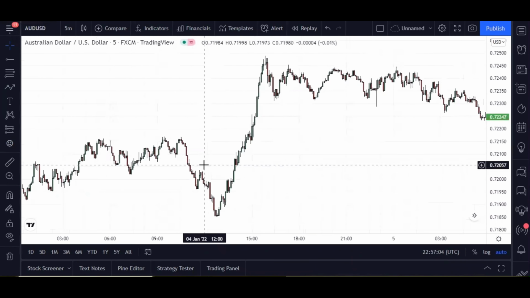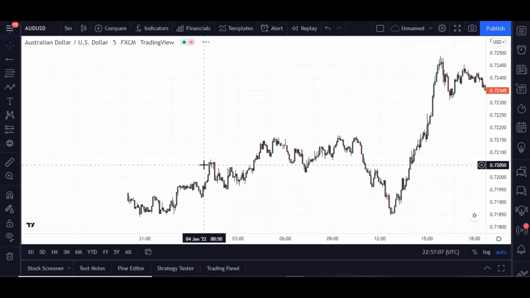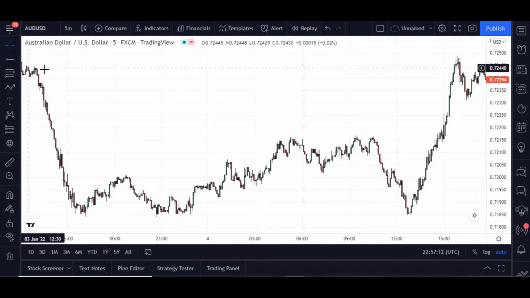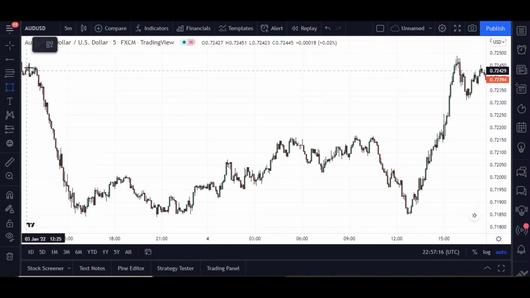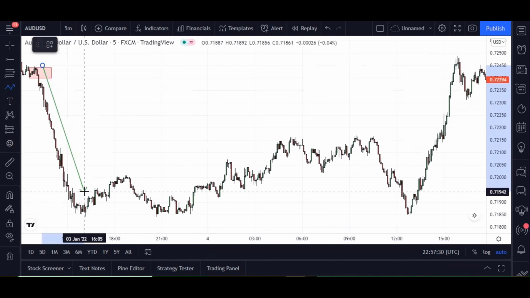So even on a 5-minute time frame, we can see the exact same things happening here, right? So here we have our bearish order block. Here we have our bearish order block here. And what happened? Price trades away.